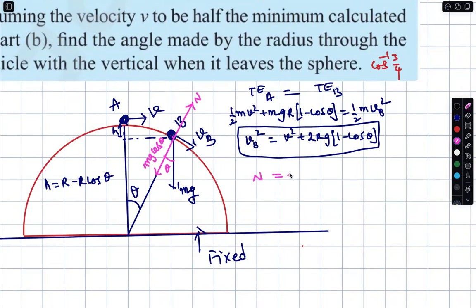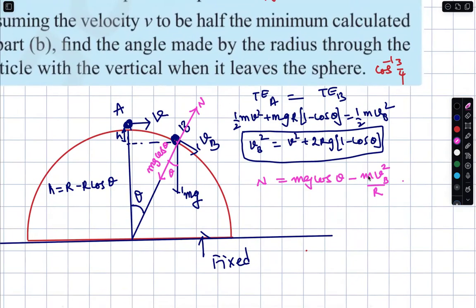So normal reaction is mg cos theta minus, because you know mv square by r is also this side, mvb square by r. Agreed? Boys and girls? Yes. As a function of some theta. Now n is mg cos theta minus mvb square by r. mv square by r minus 2mg times 1 minus cos theta. Any doubt till this point?